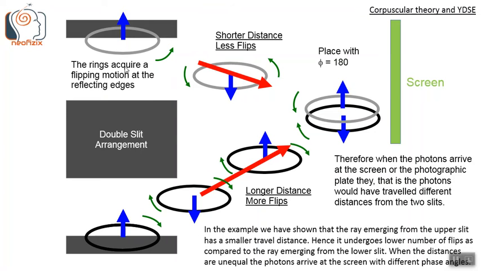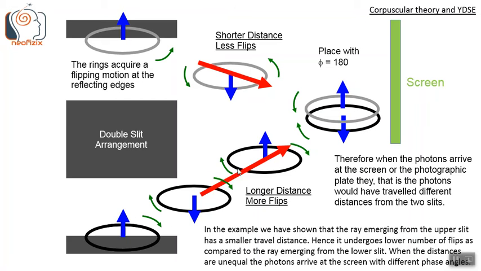In the example, we have shown that the ray emerging from the upper slit has a smaller travel distance. Hence, it undergoes a lower number of flips, because the rate of flips is the same for both the objects. Since it is traveling a shorter distance, it will have a lower number of flips as compared to the ray emerging from the lower slit.